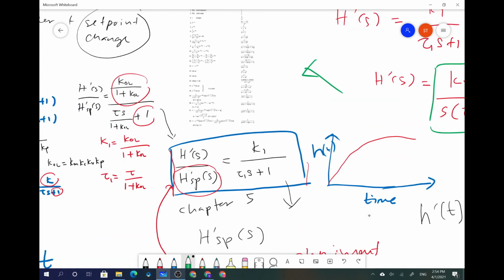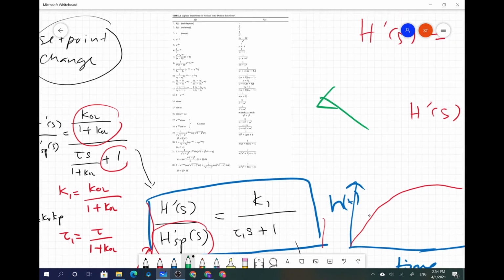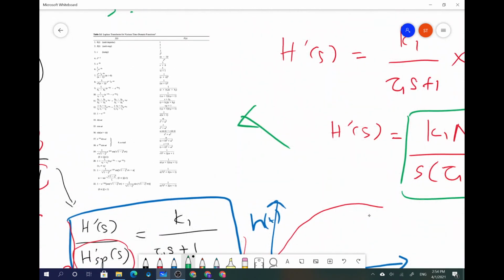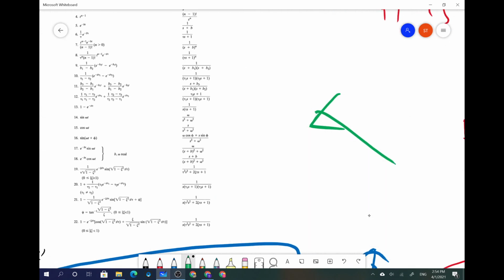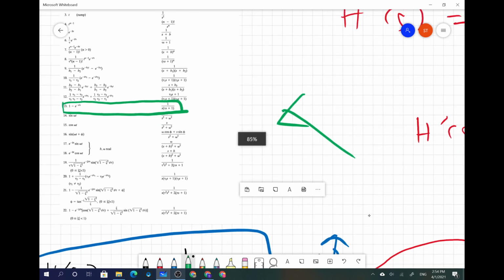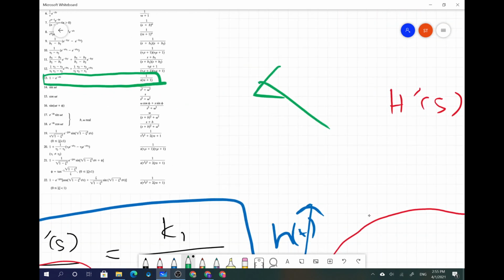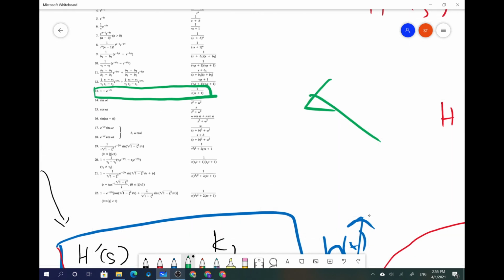Based on this equation, it should be about number 13, because here you have K1 M over s (tau 1 s plus 1).